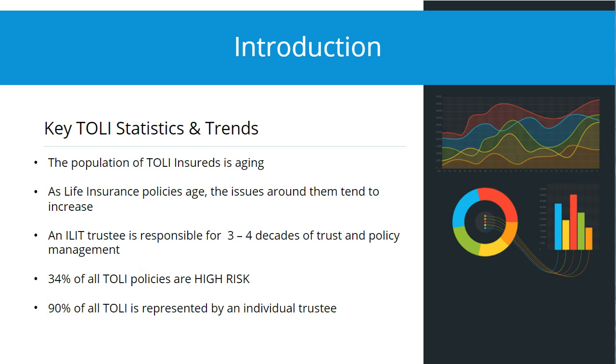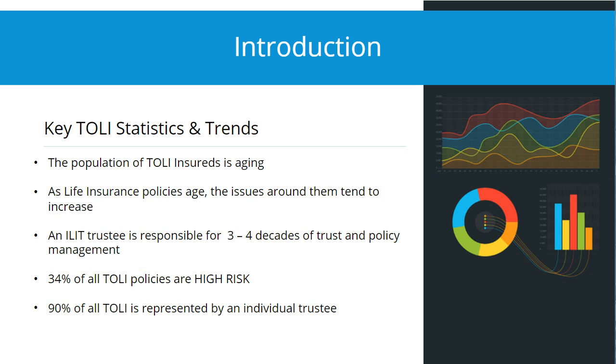This experience has given us a unique ability to see and be part of trends in the TOLI industry. It's provided great insight into why life insurance presents so many challenges for trustees, but more importantly, how to manage TOLI risk. A few key statistics and trends are worth highlighting at the onset of this presentation.